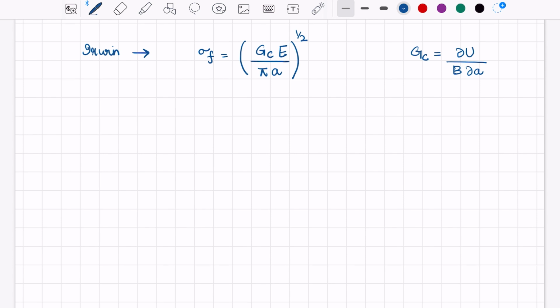So now Irwin later realized that he can modify this equation by replacing root of GC E with KC. KC is critical stress intensity factor or fracture toughness.